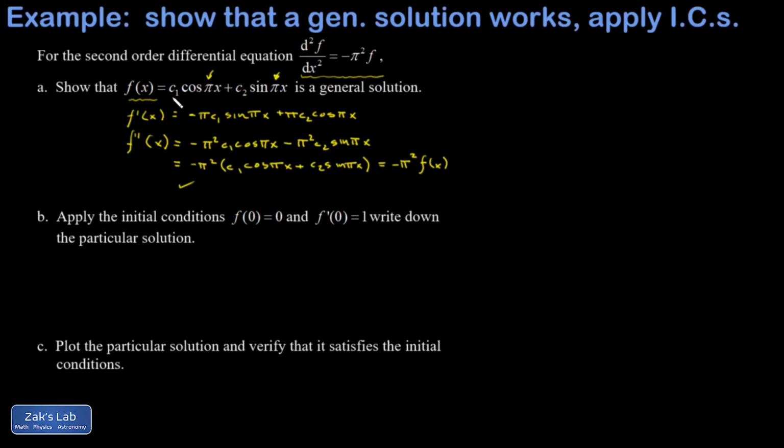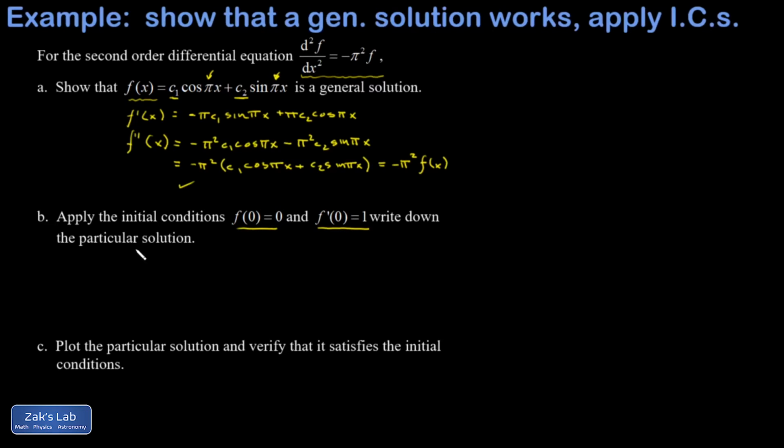But depending on the choice of c1 and c2, that's going to change the phase shift and the amplitude. So to nail down which particular sinusoidal function we're interested in, we have to apply two initial conditions to nail down two arbitrary constants, and we'll get one pure sinusoidal function with a midline of 0.